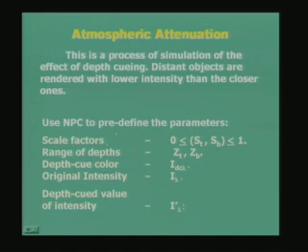Let us go through the parameters which are used to model this atmospheric attenuation. The first of them are the scale factors, two of them, which vary in the normalized range 0 to 1. We have the range of depths, ZT and ZB, something like a foreground and a background depth, ZF and ZB.